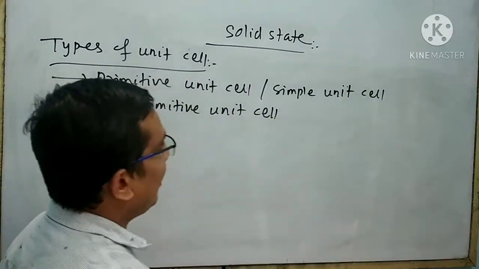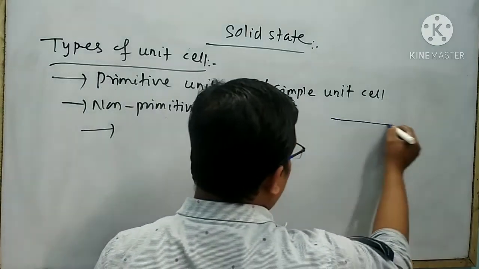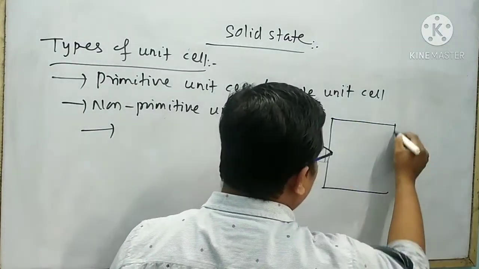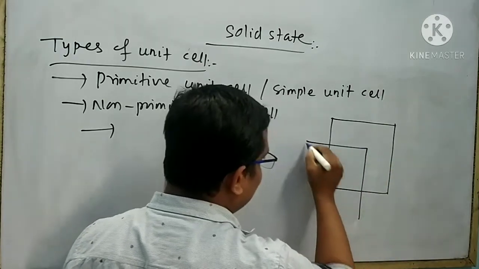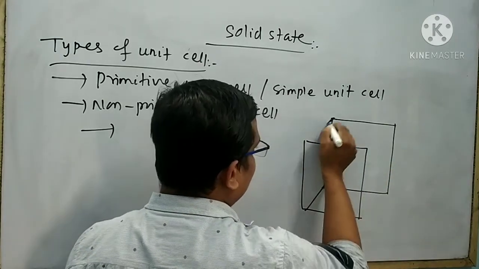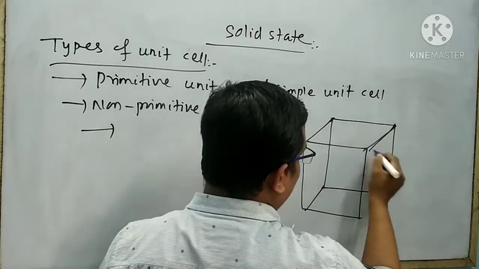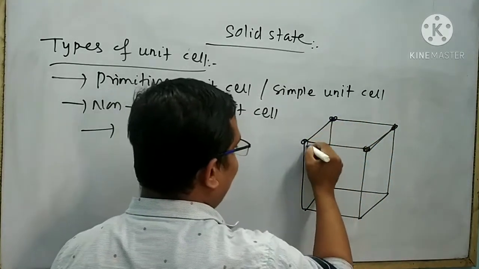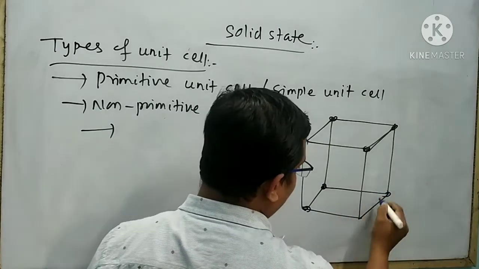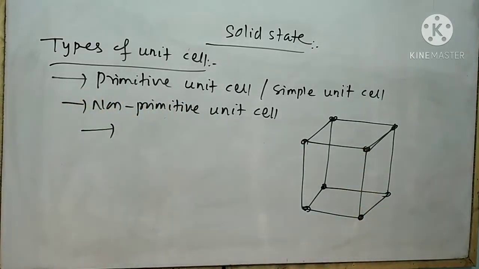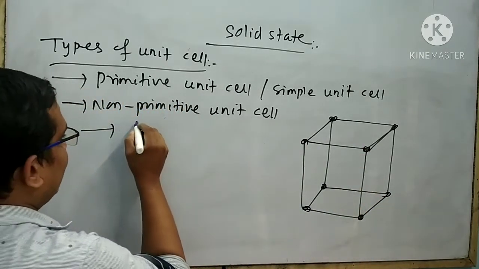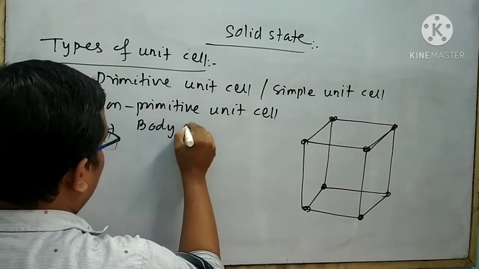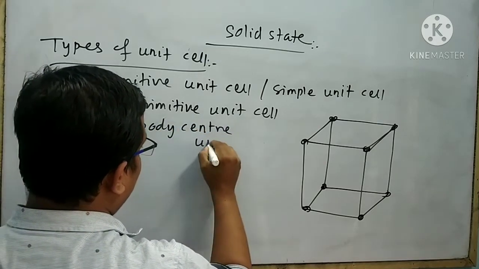I can draw the simple unit cell like this. This is the simple unit cell. In this unit cell, the constituent particles are present only at the 8 corners of the unit cell. Next is the body-centered unit cell.